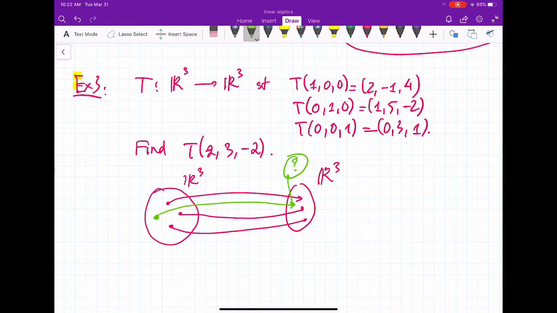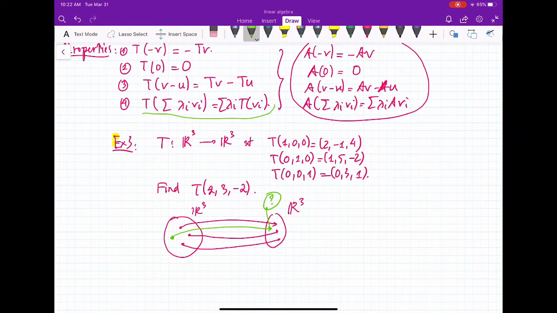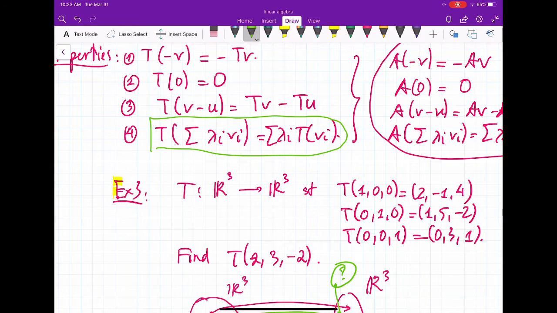In many cases, we can solve such a problem easily. So how? We use this property from the linearity of T. Basically, if you have some vi and you know the image of vi, and you have some vector x0, you express x0 as a linear combination of vi.